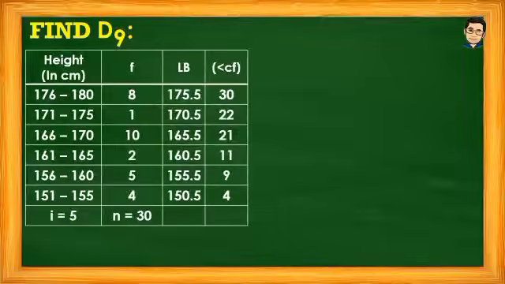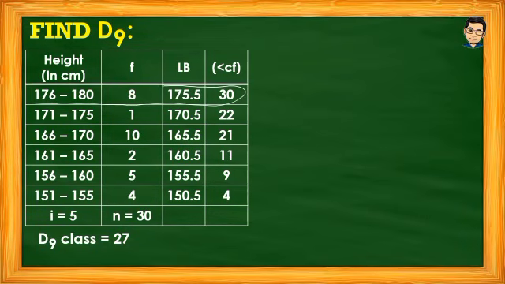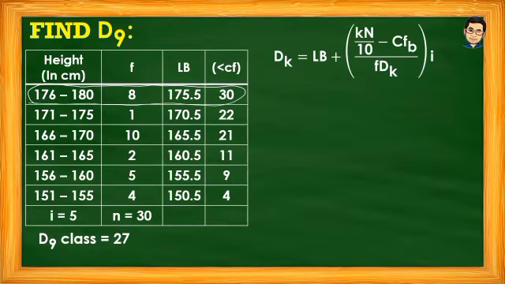So, next, we will solve for the value of D sub 9. So, yung D sub 9 class natin, again, nandito siya sa highest class natin, which is 176 to 180. So, applying the formula, D sub 9 is equal to, the lower boundary of D sub 9 class is 175.5.